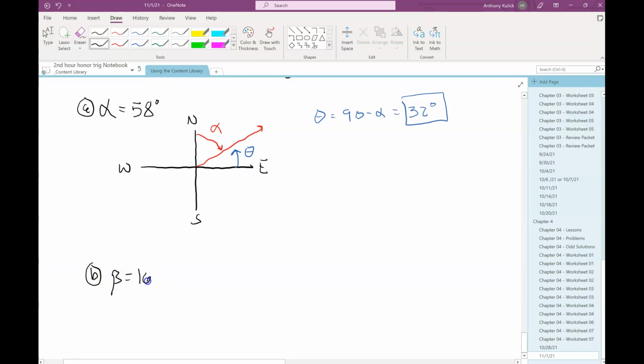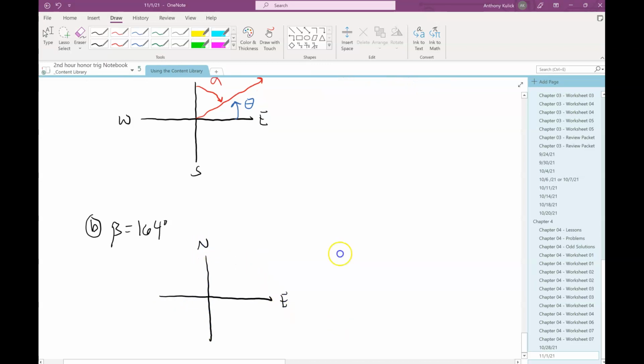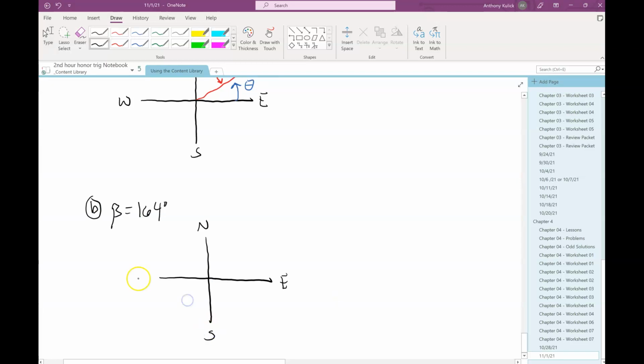So let's say we have the bearing beta, which is 164 degrees. Again, since this is a bearing, we start at due north and we go clockwise.